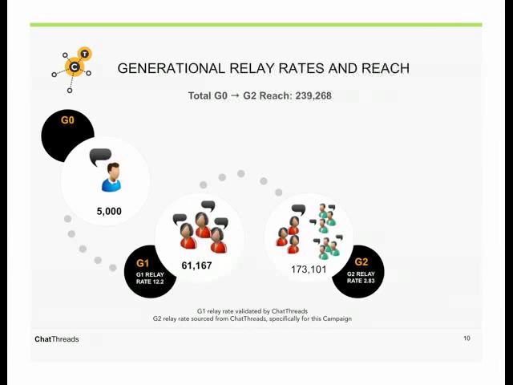So here there were 5,000 people engaged in the program. On average, they told about 12 other people during the course of a program. So that results in about 60,000 people reached. And then on average, those people went out and told just under 3 people, which results in another 170,000 people reached. So the total reach for this program was 240,000.